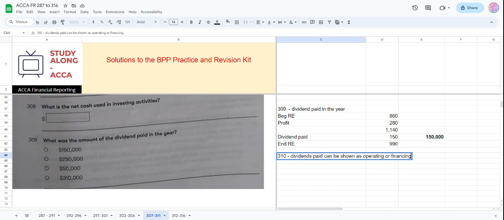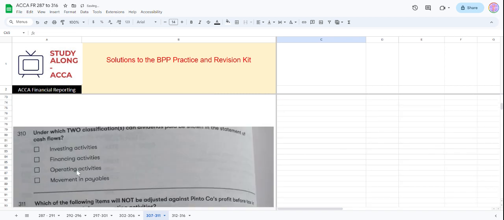Okay, dividends paid: so the operating and financing. So second and third should be the right ones. It cannot be presented otherwise. It will be either financing or operating.